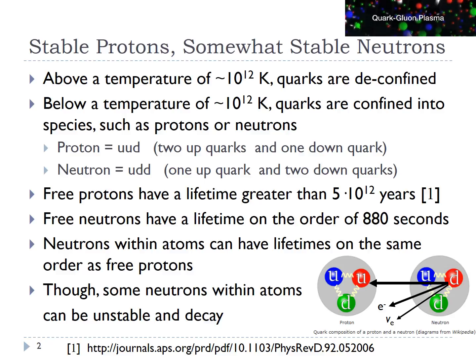But some neutrons are unstable, and shown on the bottom right here is what happens in what's called beta decay, which is when in some atoms there are too many neutrons, one of the neutrons will decay into a proton. What we mean by that is one of the down quarks will turn into an up quark, and simultaneously there's a release of an electron and an electron antineutrino. So that's beta decay.